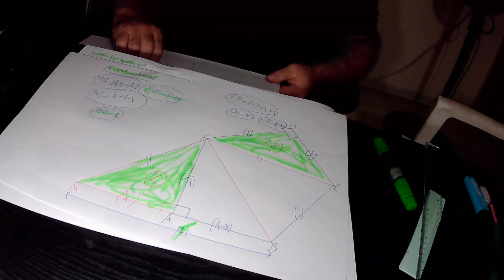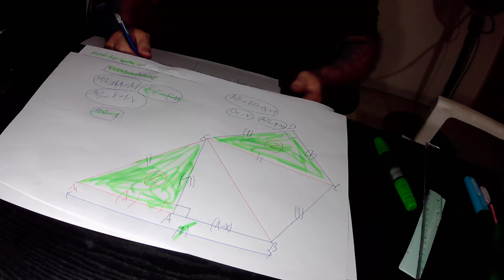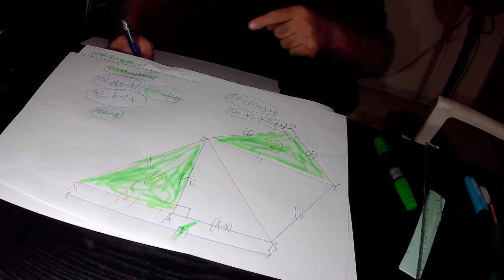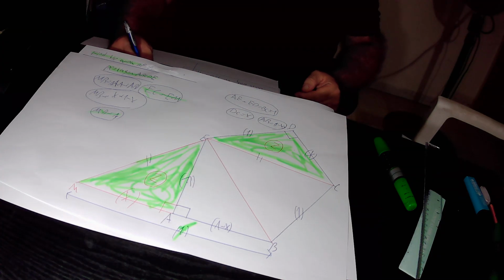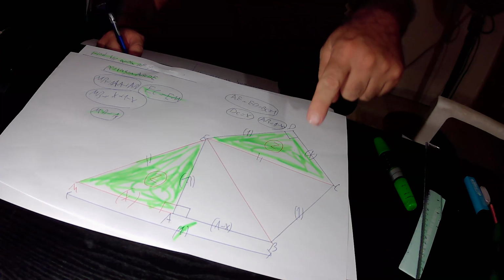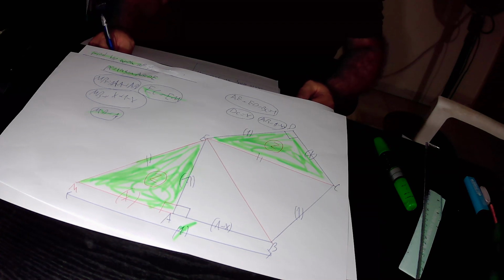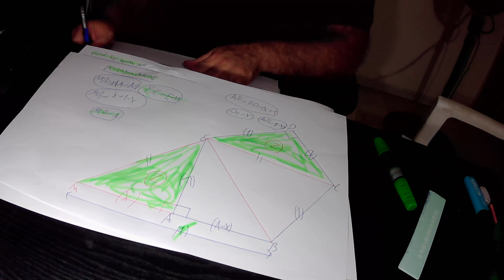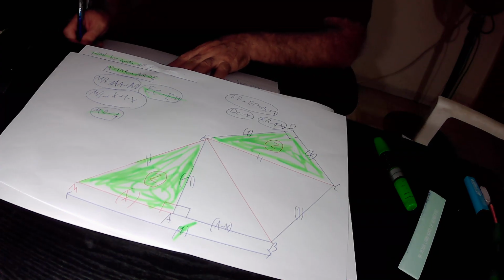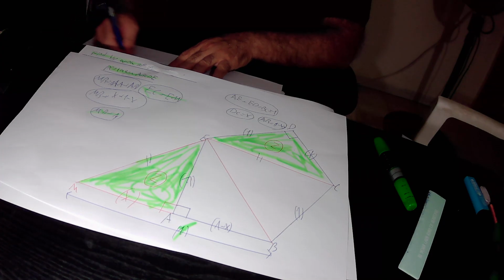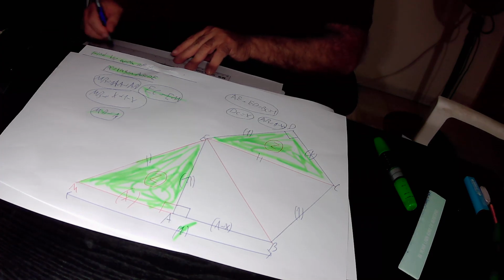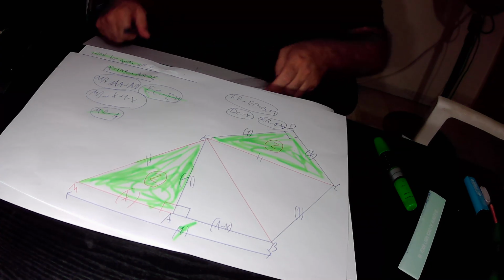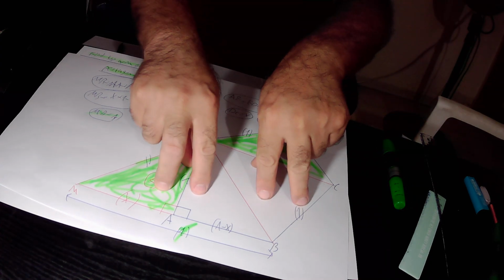So we have to prove that this triangle MEB is congruent to this triangle EBC according to side rule. So, why can those two triangles go into each other?